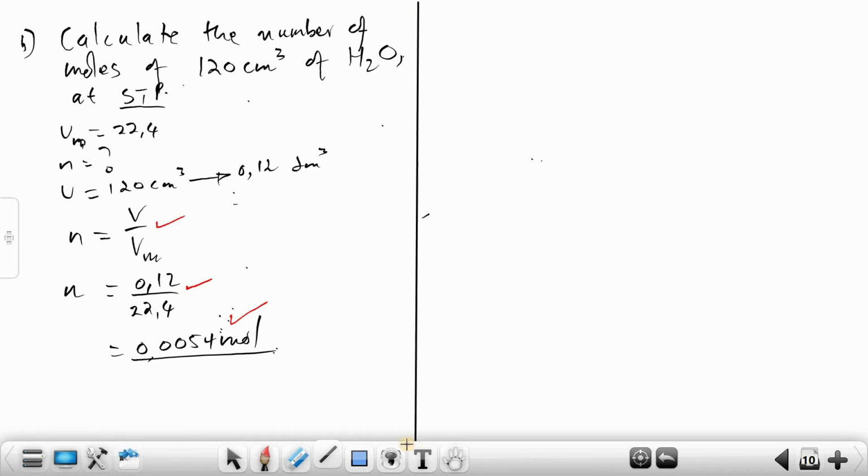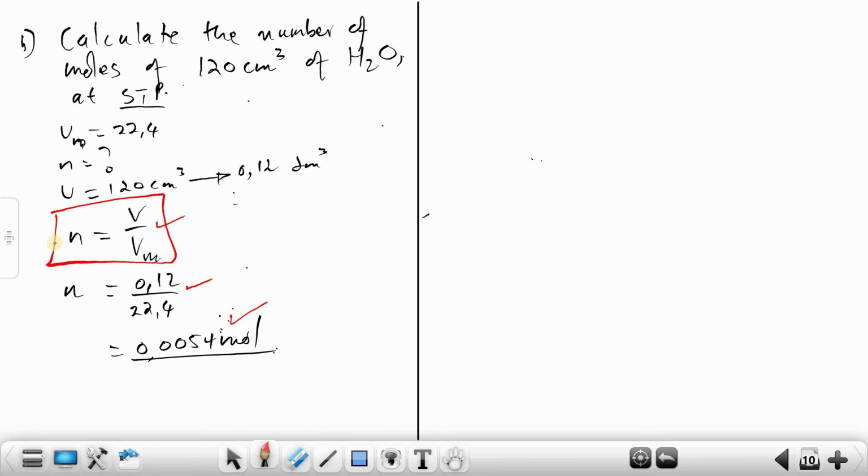Let's have a line here to extend the page and say we are able to use the equation n equals V over Vm. Can we extend it further in order for us to have linking equation number 1 and maybe equation number 2?